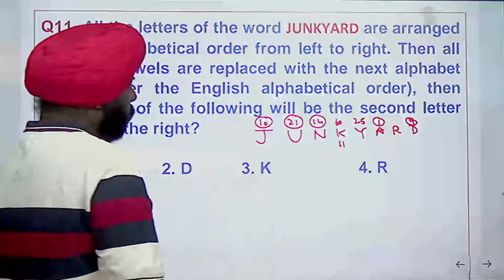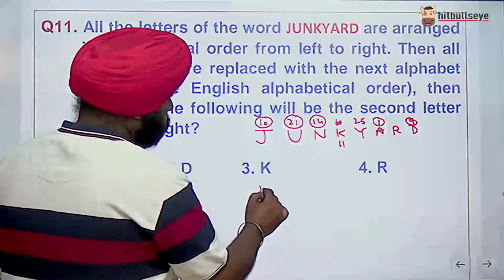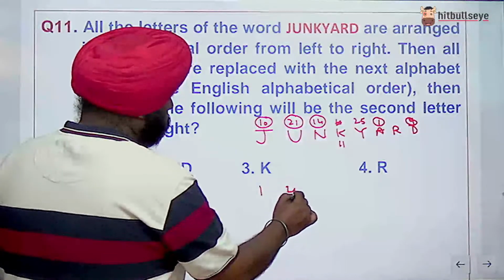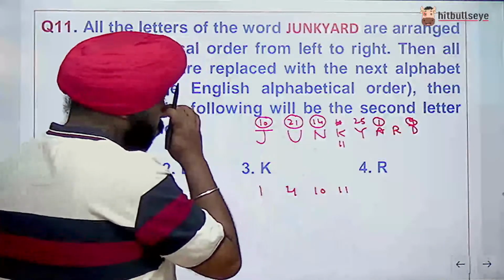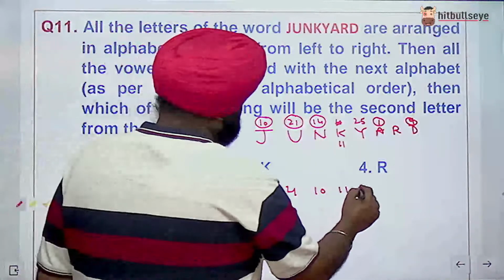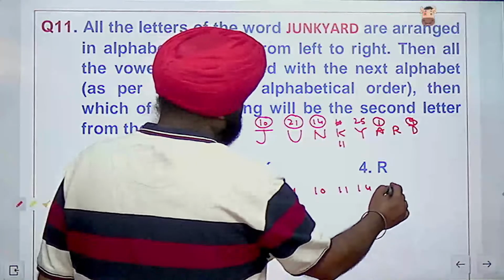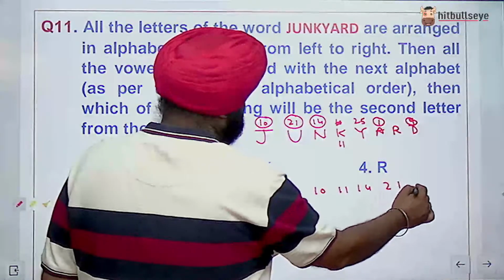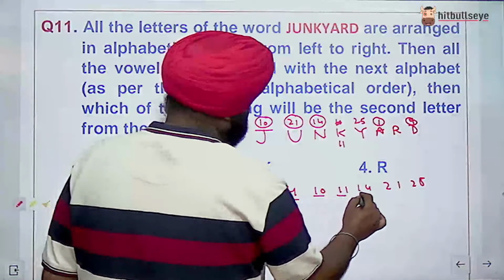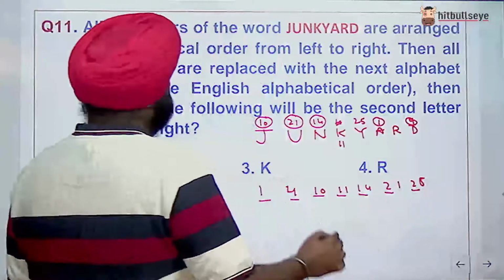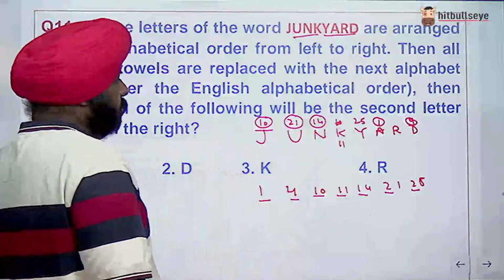So if I try to write them in order, I will write 1 first, then 4, then 10, then 11, then 14, then 21, then 25. In JUNKYARD there are 8 letters, so one more alphabet is left.